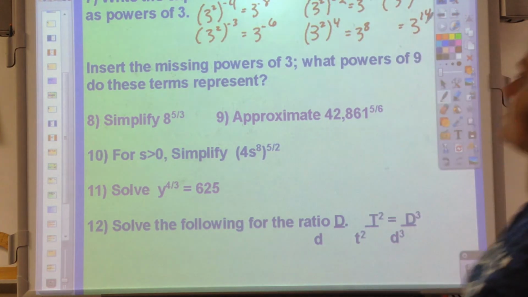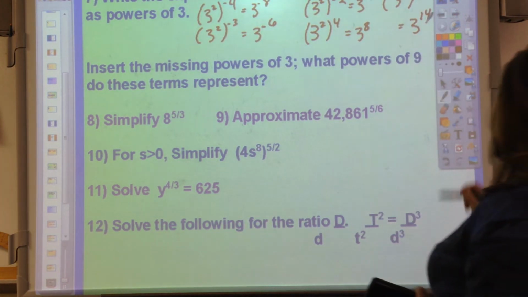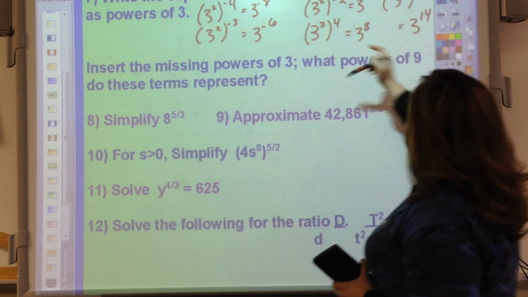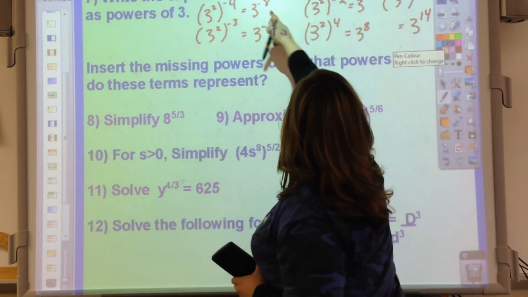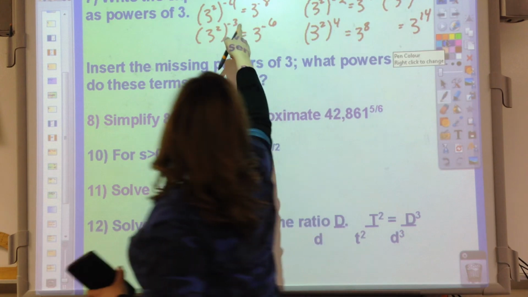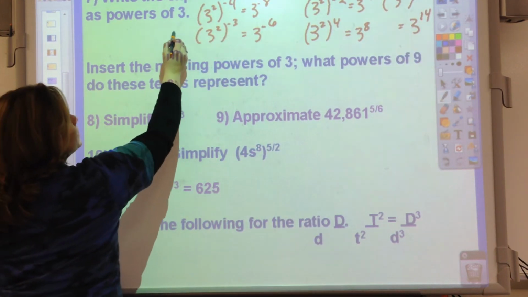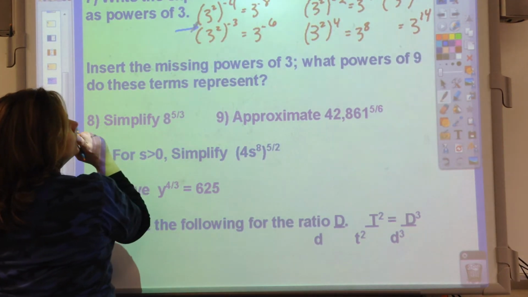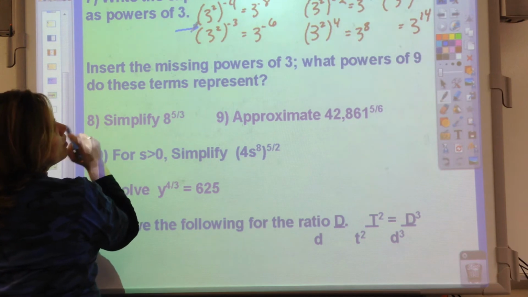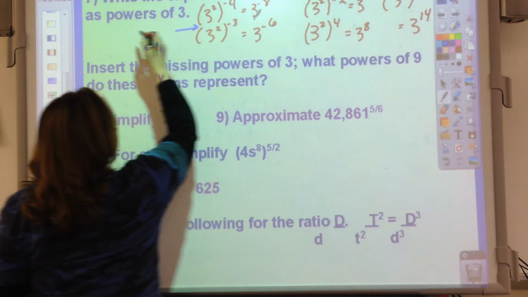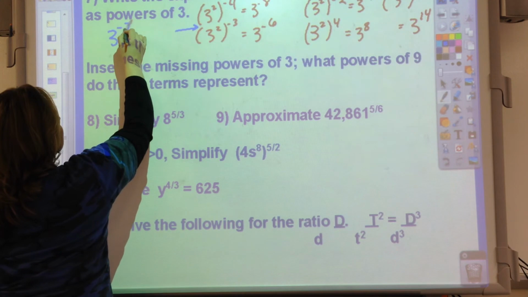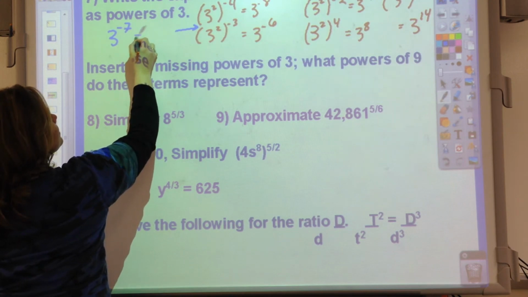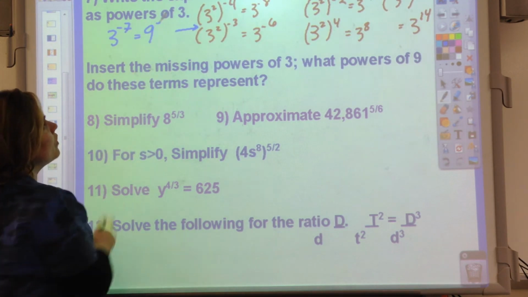Now if I insert missing powers of 3, and I'm mainly looking here between these two and these two, if I insert a power of 3 right here, aren't I missing a 3 to the -7? And so that would have to equal 9 to what power?